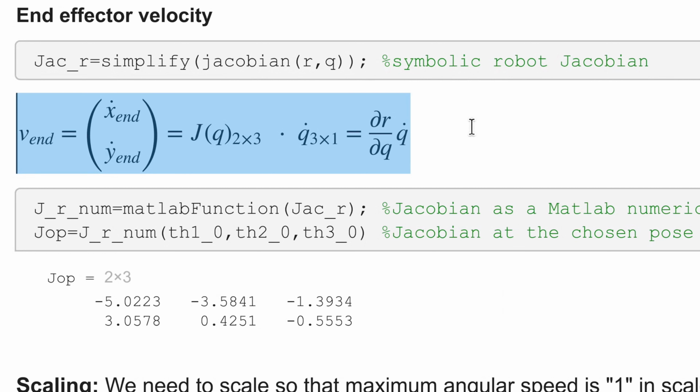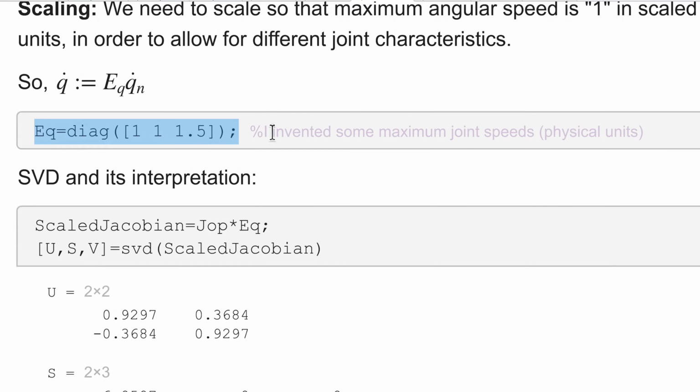End-effector velocity can be computed by the Jacobian matrix of the end-effector position, a matrix of partial derivatives of xy coordinates with respect to theta 1, 2, 3 input angles. So the Jacobian is a 2 times 3 matrix, which has these numbers. We did some scaling in order to incorporate the knowledge that the third articulation could move faster than the other two.